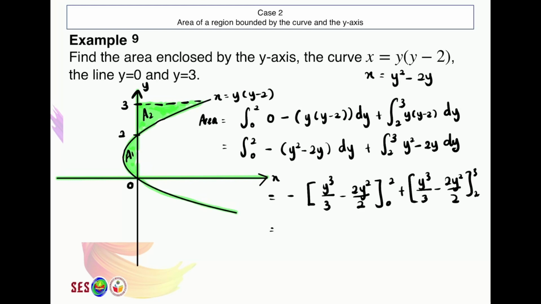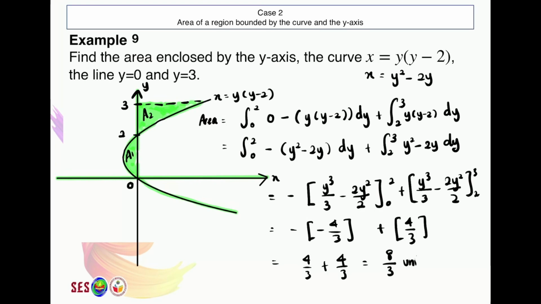The first bracket gives you 4 over 3 minus 4 over 3, and the second bracket will give you another 4 over 3. So minus meets minus, so 4 over 3 plus 4 over 3 is equal to 8 over 3 units squared, because we are finding the area, so the unit will be units squared. This will be our answer.